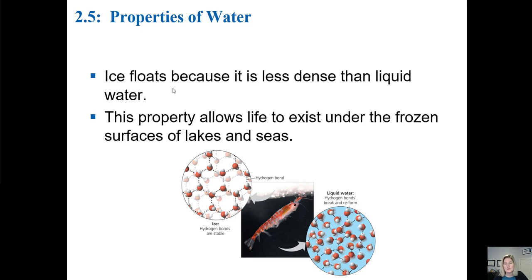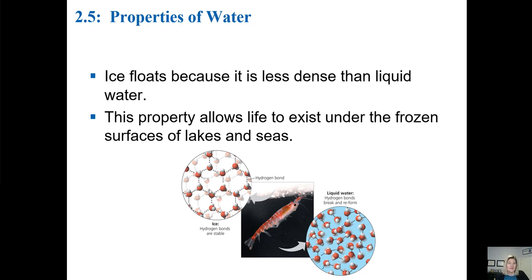So water molecules become less dense as solid water than they do as liquid water. So ice is going to be less dense than liquid water. And the reason for that is when it cools down, the molecules will stop moving and they've formed their hydrogen bonds. And those hydrogen bonds are spread out in kind of a crystal form. And so that is going to be bigger or more expanded than in liquid form where they're going to be closer together.